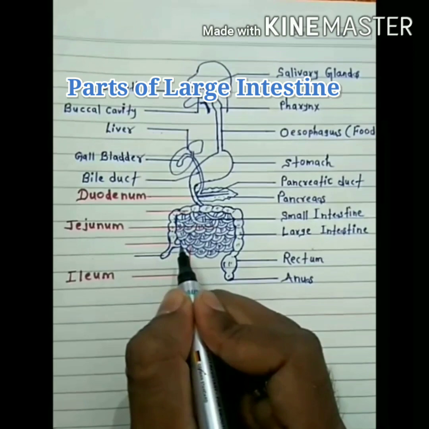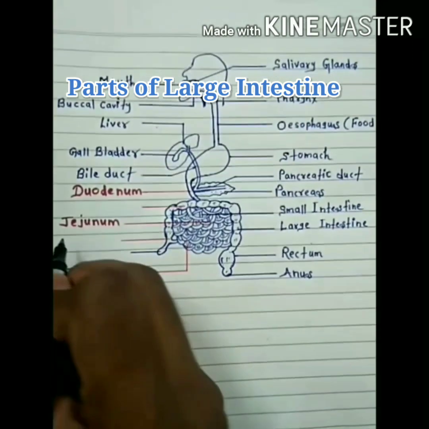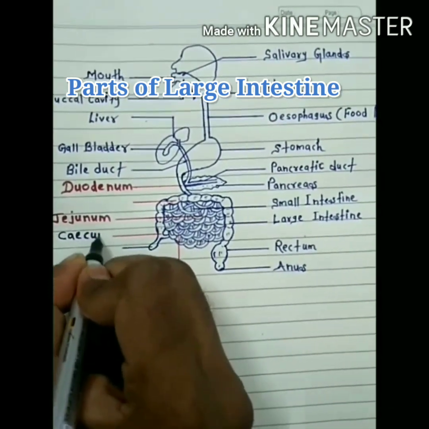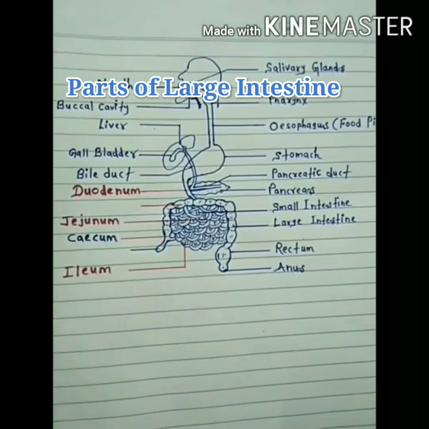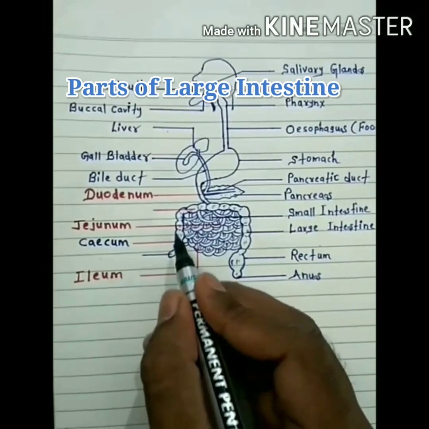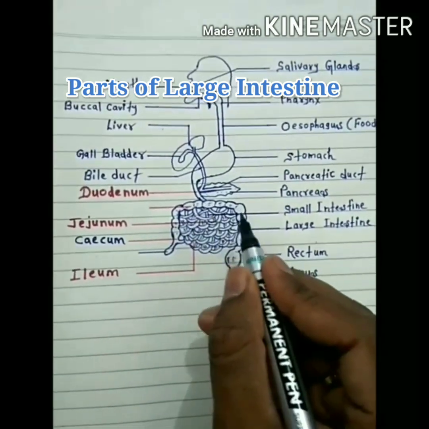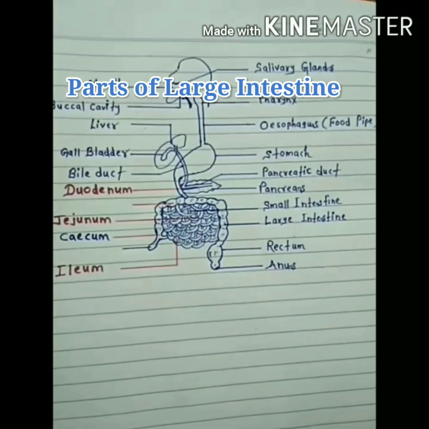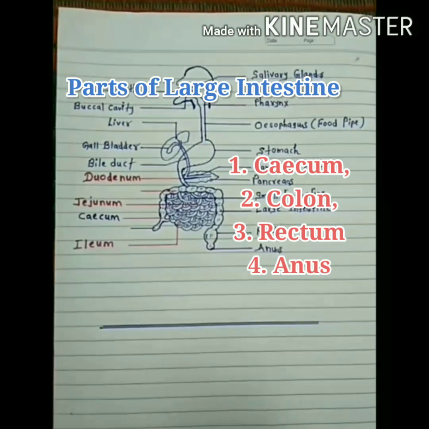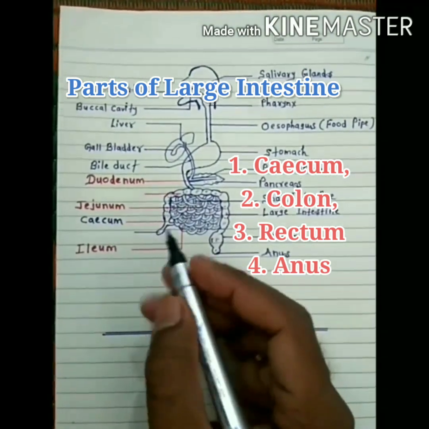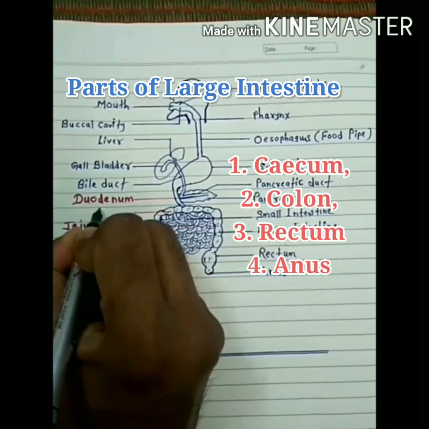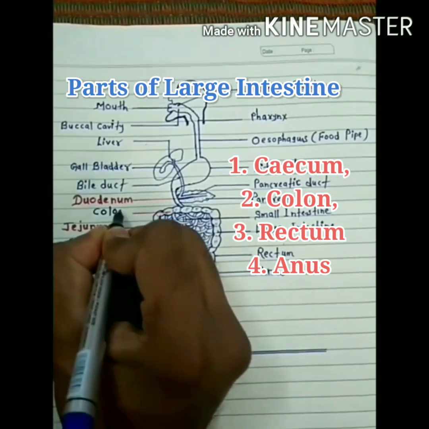You can see here, it is the part with which the small intestine is connected. And with cecum, you can see a small, short structure that is called appendix. So the parts of large intestine are cecum, then colon, then rectum, and finally anus. These are the parts of large intestine. So here we are going to write down colon. And colon is a part of large intestine.